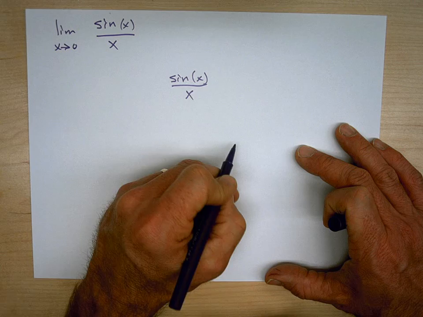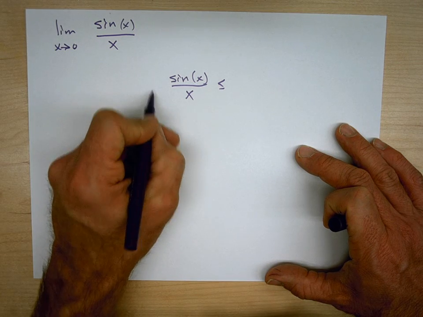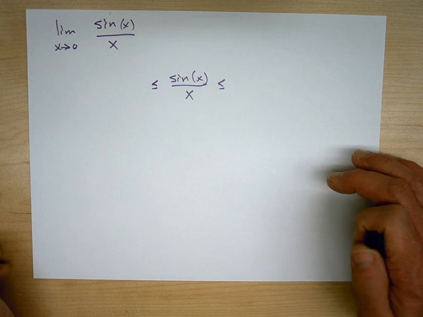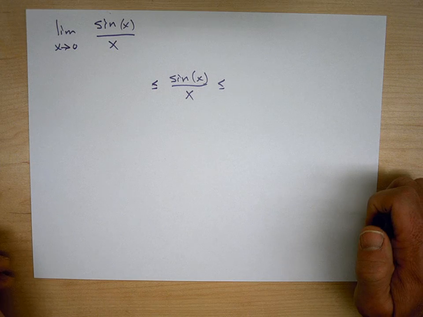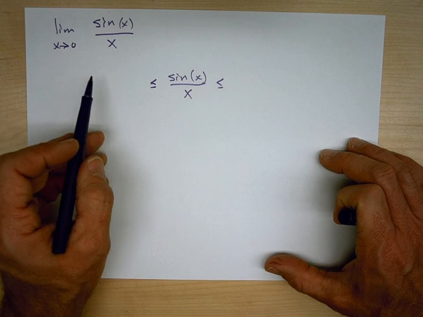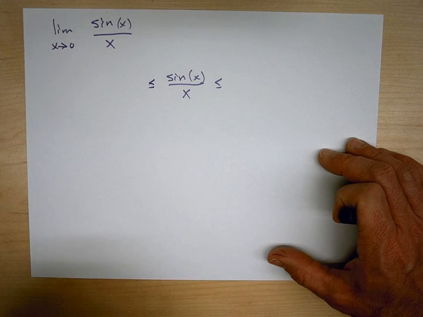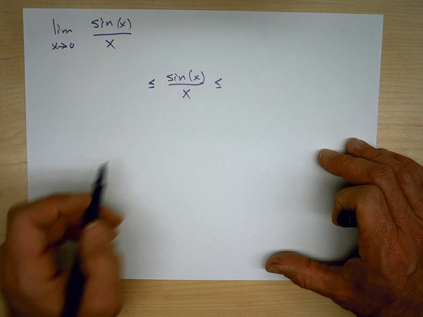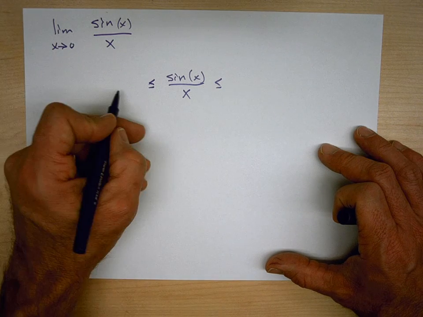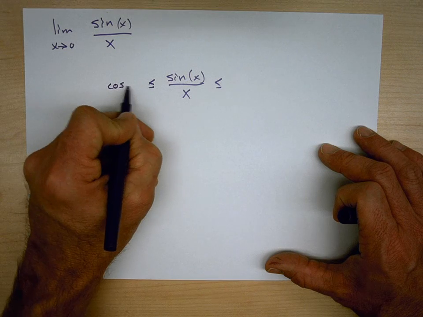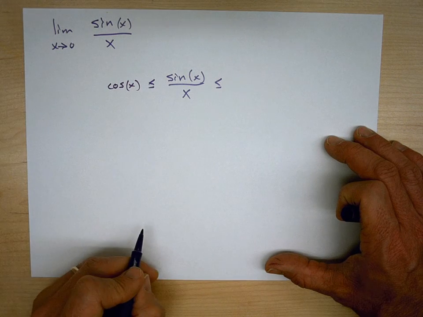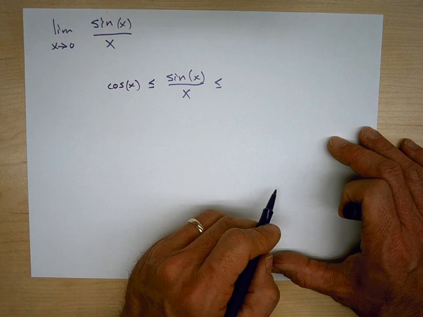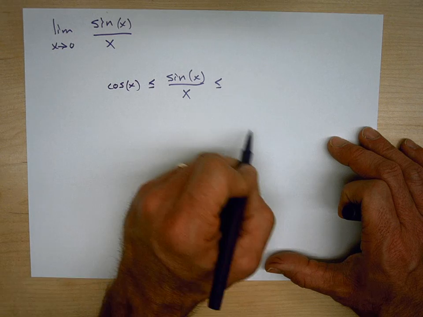What I mean by bounds is a function that is less than or equal to it and a function that is greater than or equal to it. This is usually the part that takes some creativity. You have to kind of think about it, and again, it just needs to be near 0. It doesn't have to always have this relationship. But I'm just going to tell you that near 0, cosine of x is always less than or equal to sine of x over x, and sine of x over x is always less than or equal to 1.